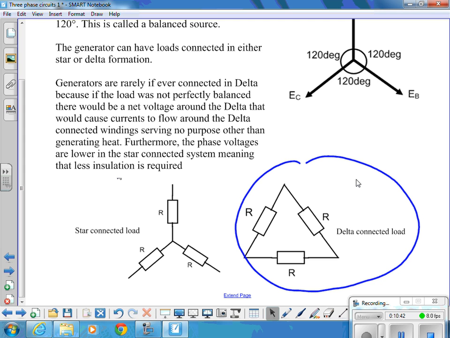All that does is serve to heat the windings up. Okay, so generators connected in star. So what you'll end up with is a system that's got a star connected generator with a star connected load, or a star connected generator with a delta connected load.